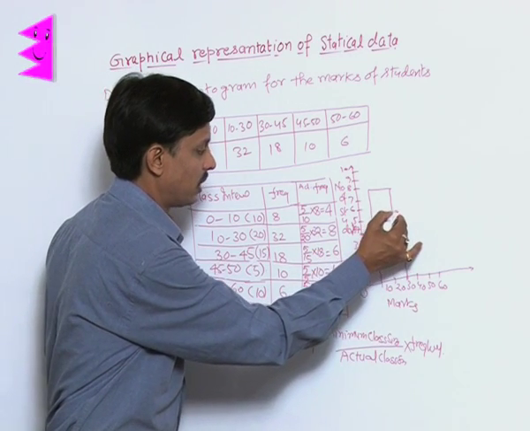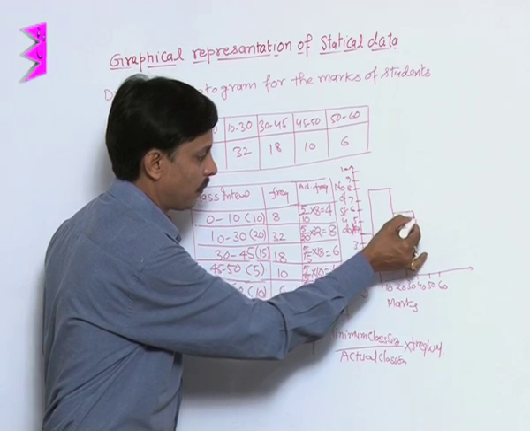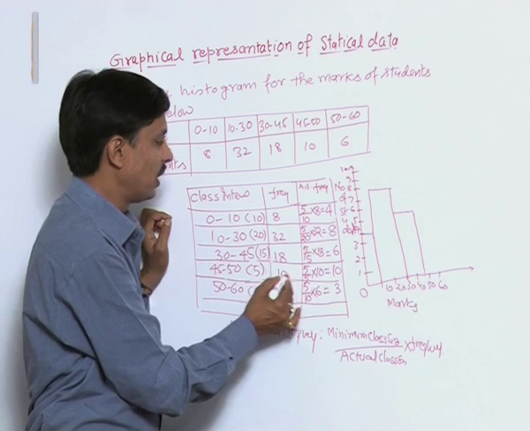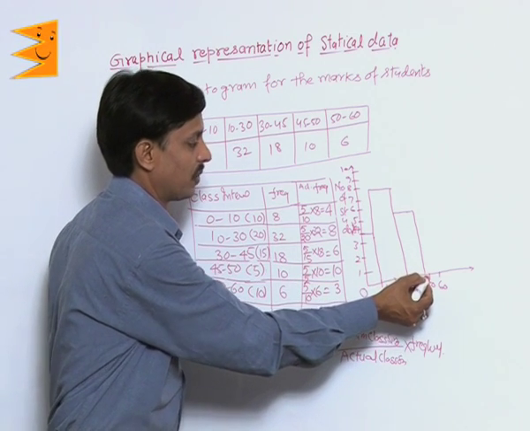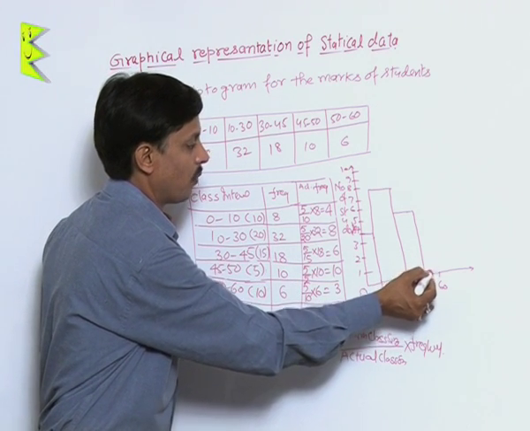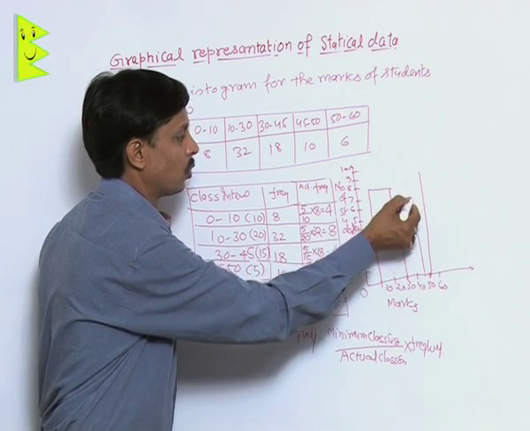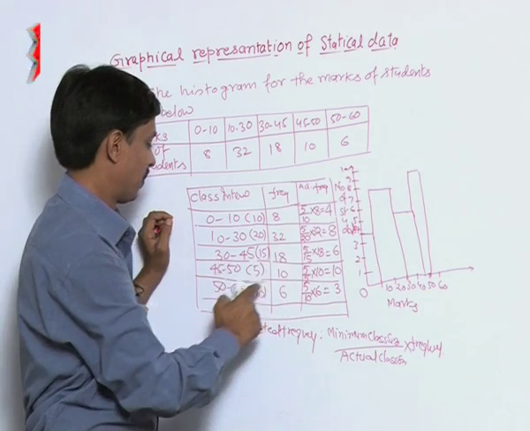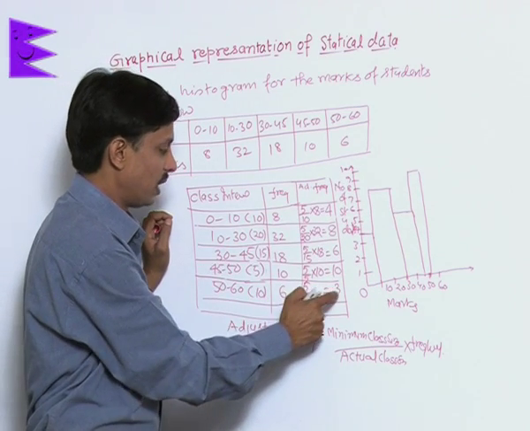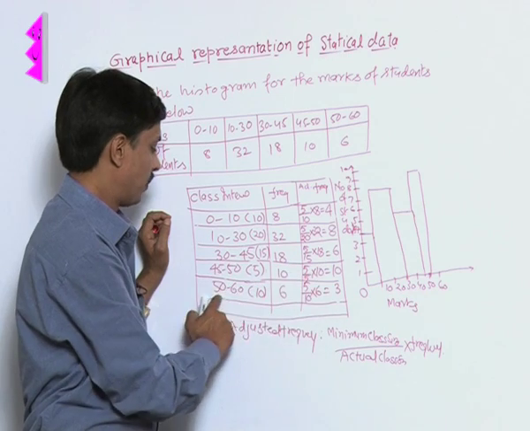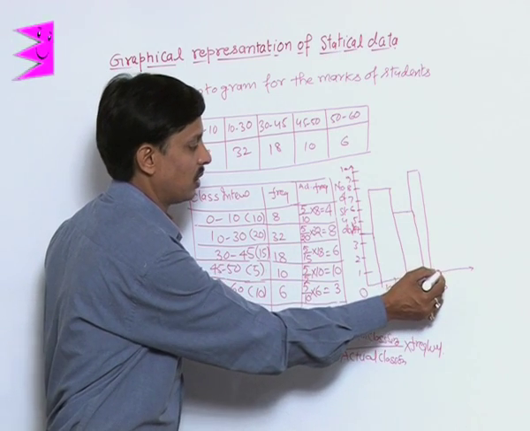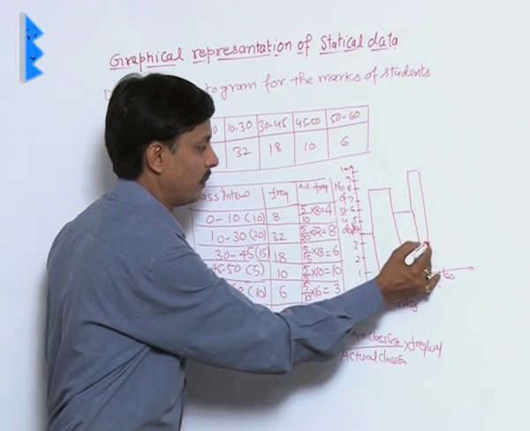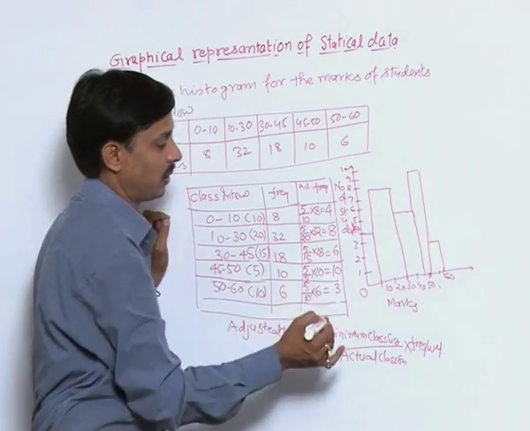Then 45 to 50 is 10, this is 45 and this is 50, and this goes to the highest peak, 10. Then 50 to 60 is to be taken till 3. This is 50, this is 60, going till 3. The adjusted frequency is 3.